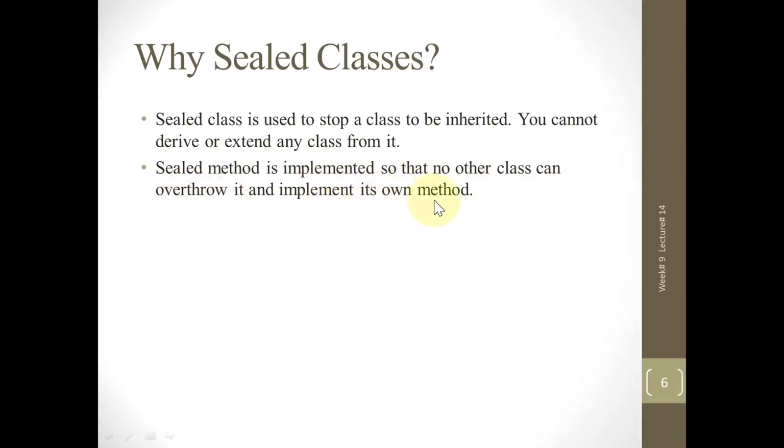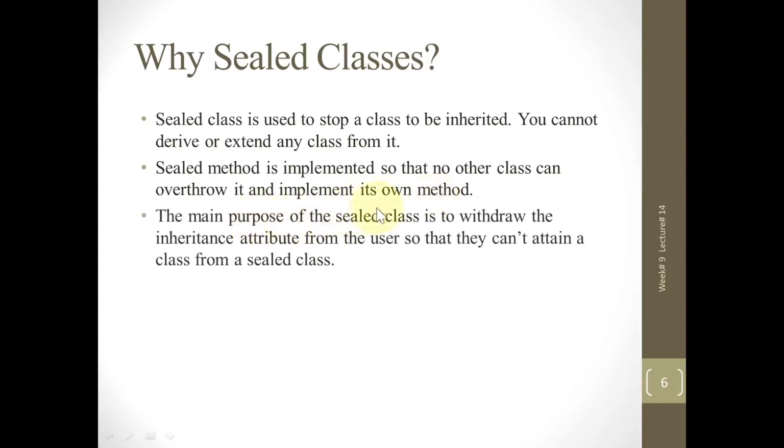So simply, it cannot be used as a parent class. You cannot inherit this class. The main purpose of the sealed class is to withdraw the inheritance attribute from the programmer, so that they cannot derive a class from a sealed class.